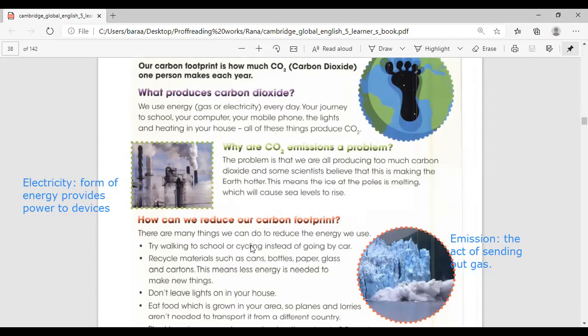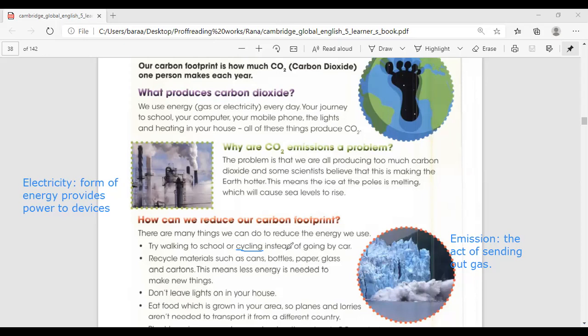Cycling means that you use a bicycle, riding a bike. Okay, so this is one thing you can do to make your CO2 footprint smaller in amount.